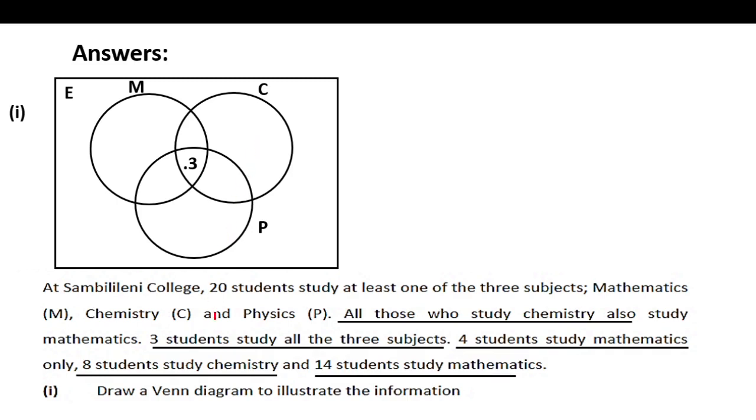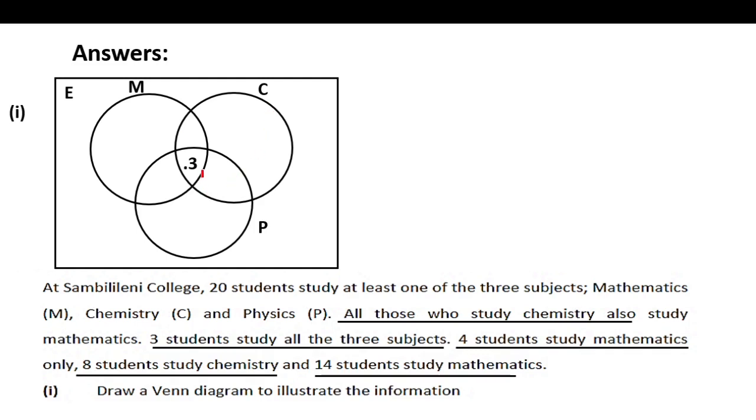All right. Then they are saying all those who study chemistry also study mathematics. Here we are told 8 students study chemistry. So those who study chemistry, 8 of them also study mathematics. They are supposed to be here, because this is the intersection of mathematics and chemistry. But wait a minute.